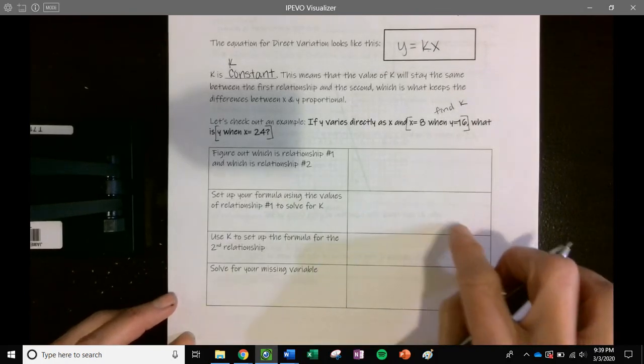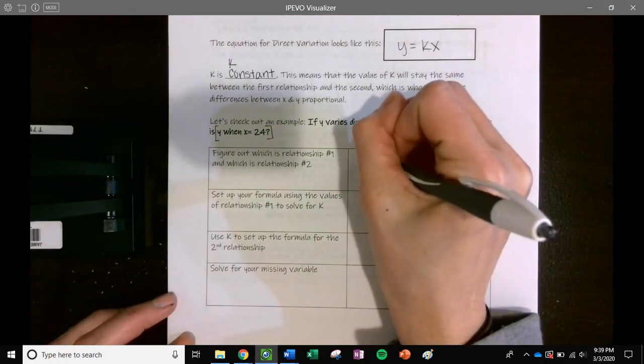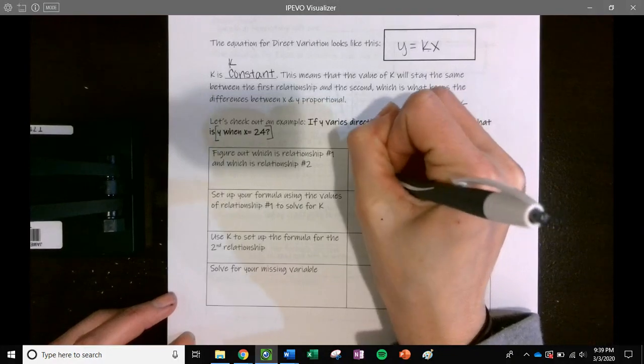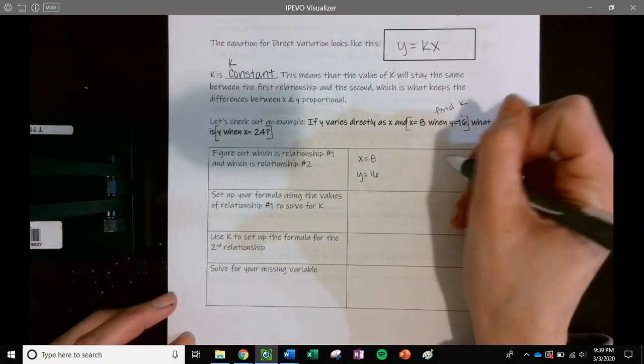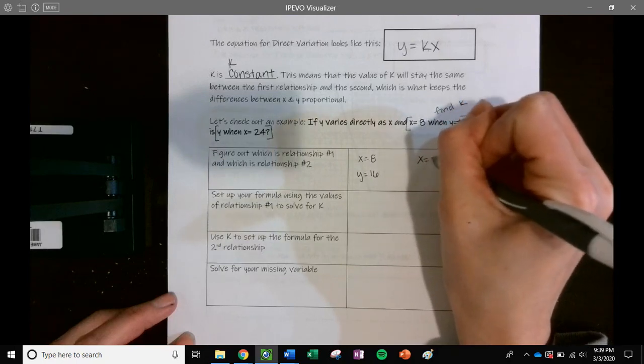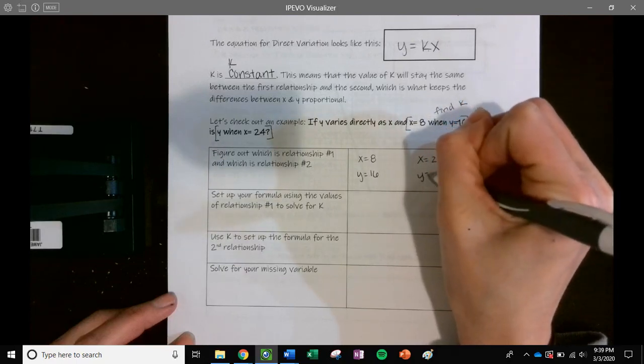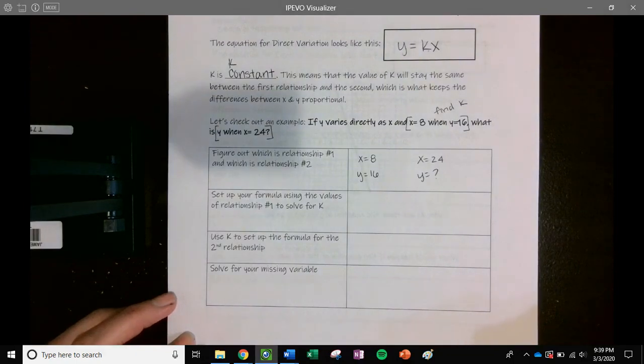All right, so our relationship number 1 is x equals 8 and y equals 16. And our relationship number 2 is x equals 24 and y equals a big old question mark. We don't know.